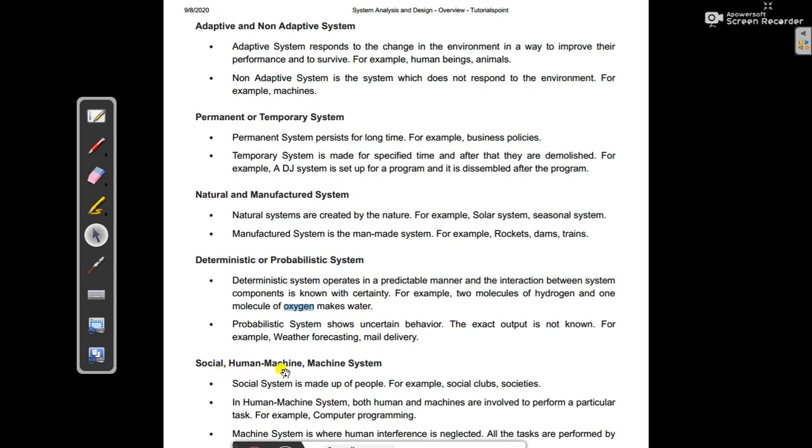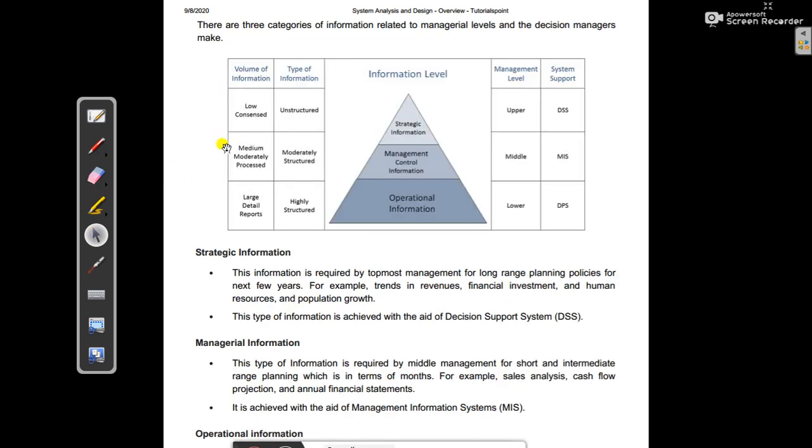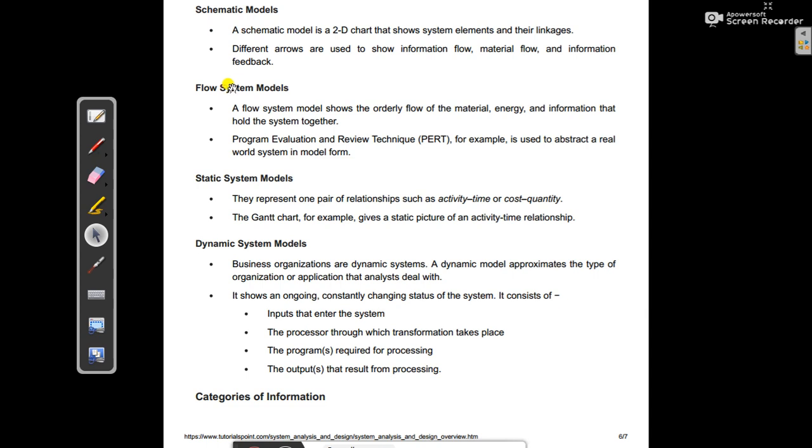There might be social and human-machine systems. There are formal information systems, informal information systems, and computer based systems. So these are different types of systems. After that, we can say that there exist system models.